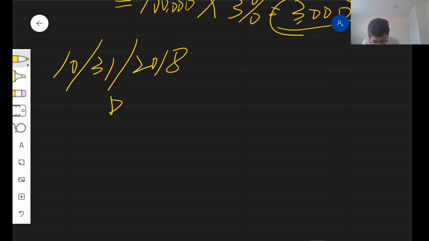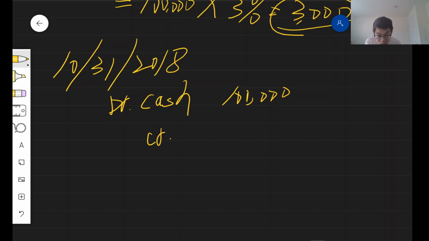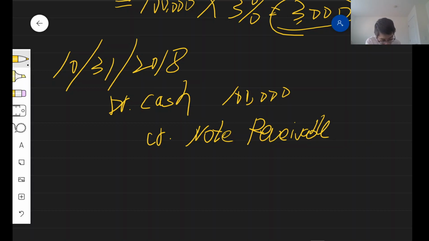They are paying us back the principal, so we receive cash. The principal is 100,000. We no longer have this note receivable, so we reduce our note receivable balance by the principal amount.